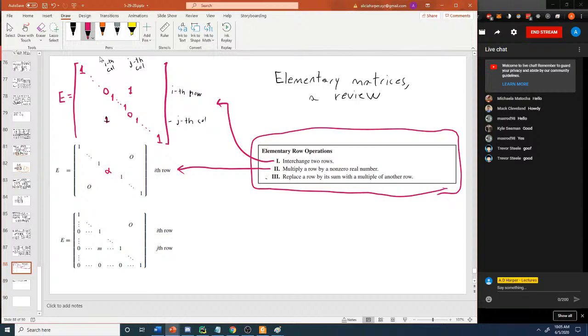This corresponds to an elementary matrix that looks like this, which says that row J is going to be equal to row J plus M times row I. So the three row operations correspond to multiplication by elementary matrices, and this gives us a way of computing the inverse matrix.